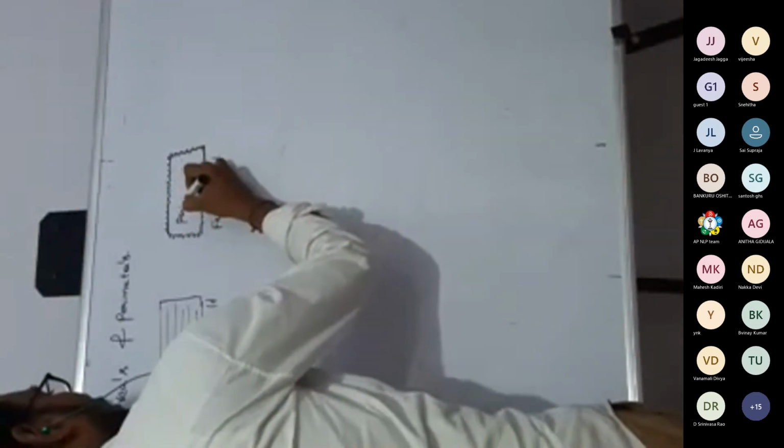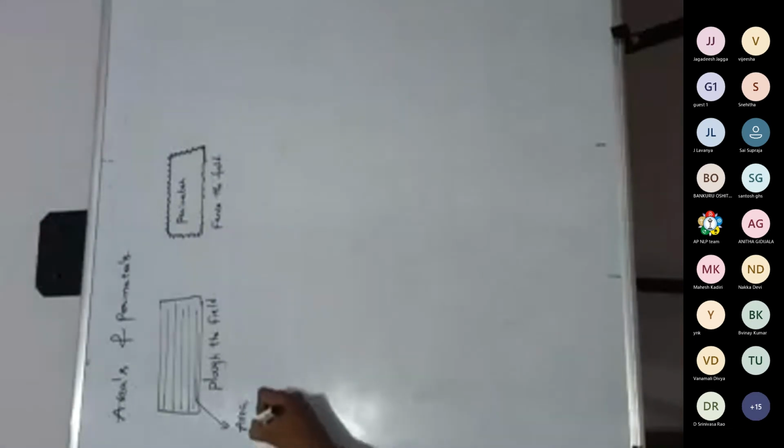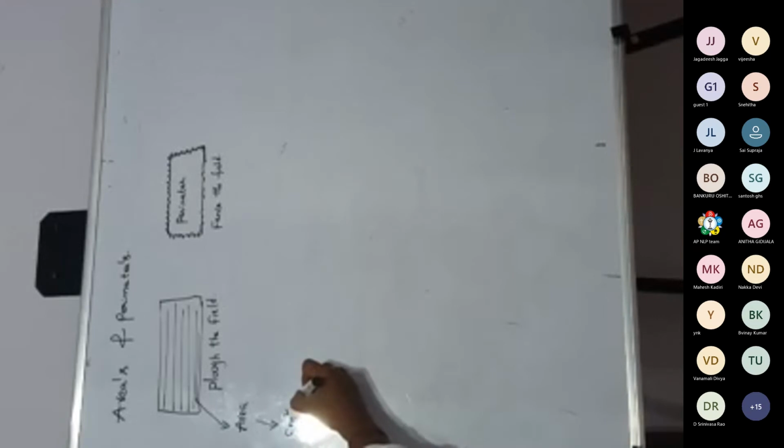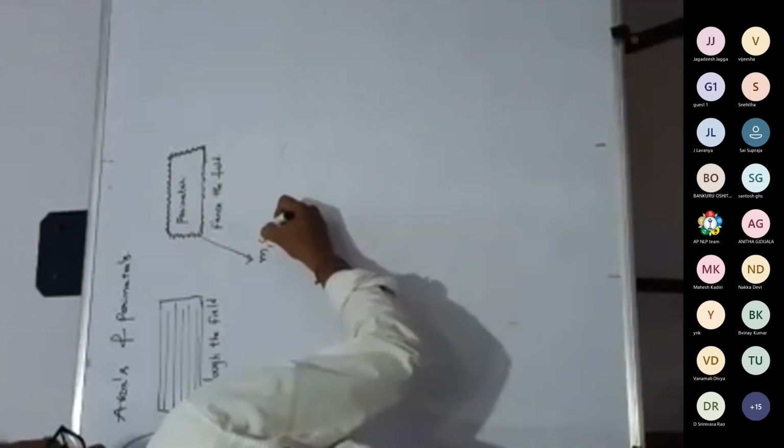Fencing the field is nothing but perimeter. What are the area units? Centimeter square or meter square, that is square units. Then what are the perimeter units? Meters or centimeters. First of all, you should understand this. See, this is a rectangular shaped figure.